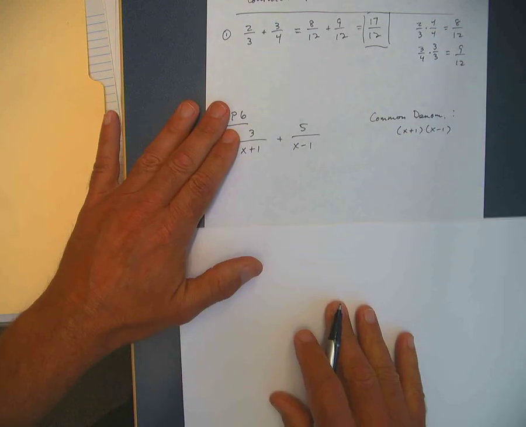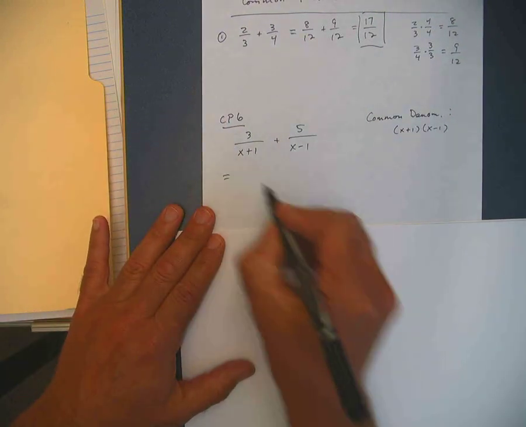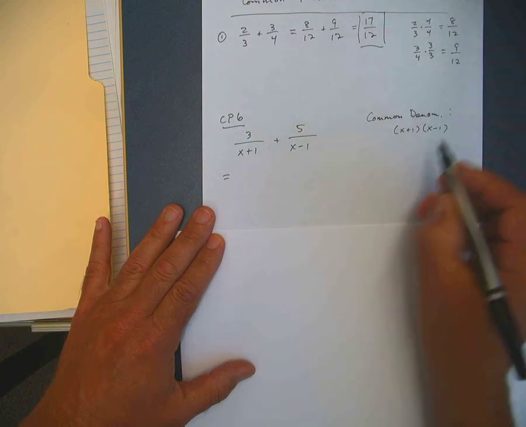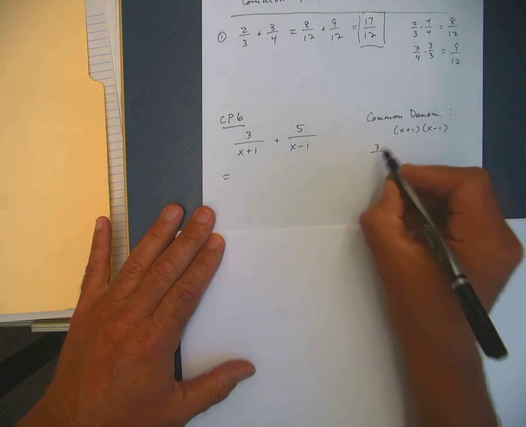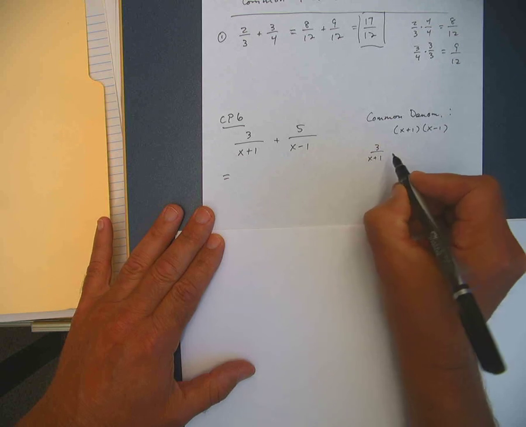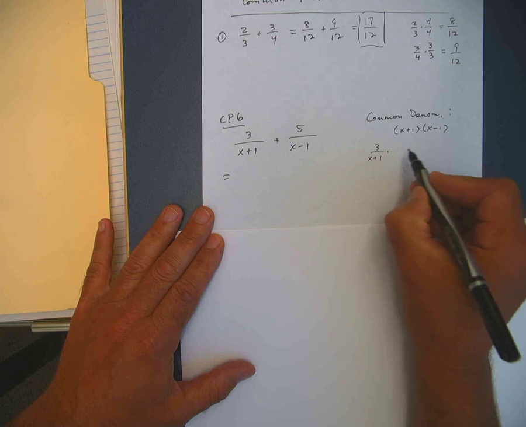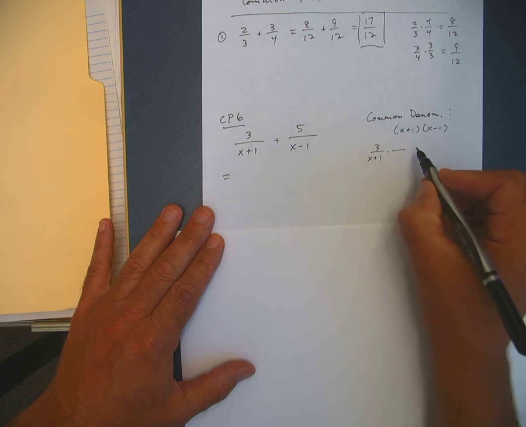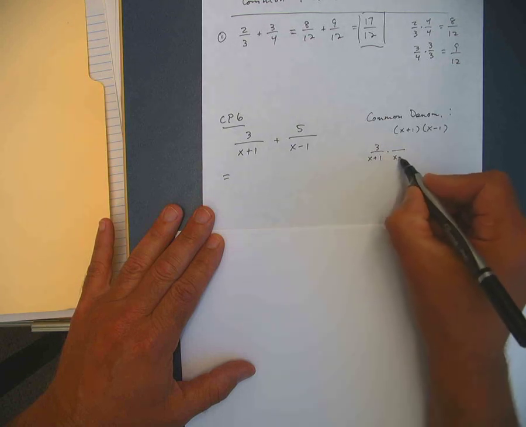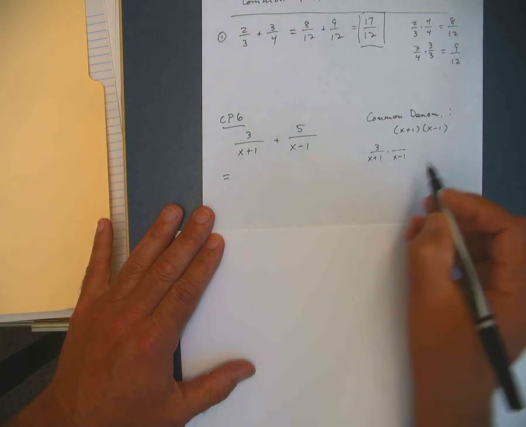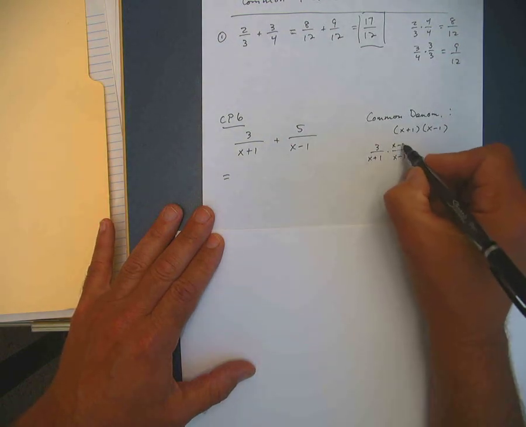Okay, now I want to be able to express this fraction with that denominator. Let's use the same method we did up here. I'm going to take 3 over x plus 1 and change it so that now it has this denominator. In order to do that, I'm going to have to multiply the denominator by, looks like x minus 1. But in order to keep the value of this fraction the same, I'm going to have to multiply the numerator by x minus 1.